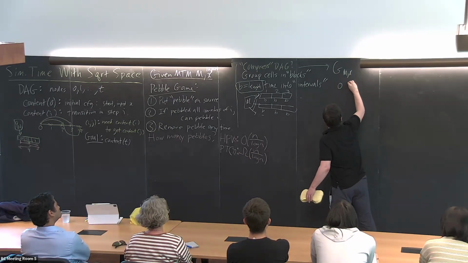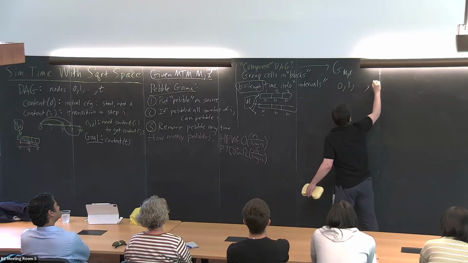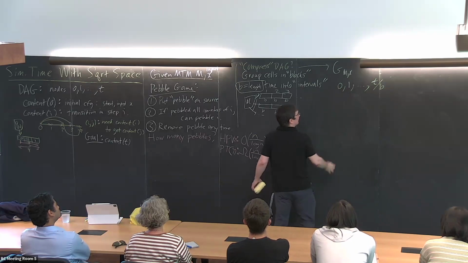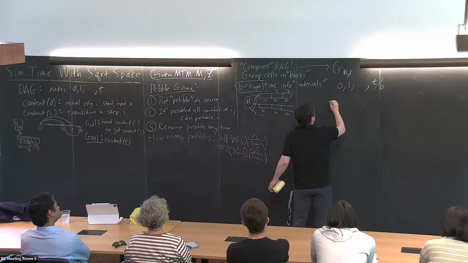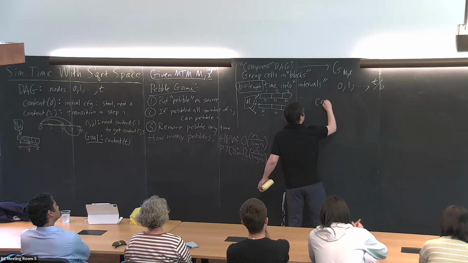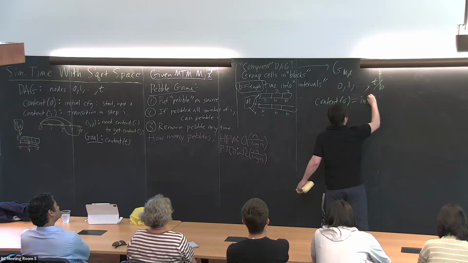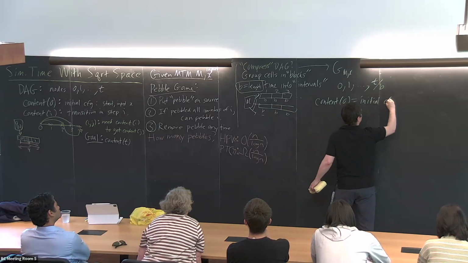It will have nodes 0, 1 through, let's say, roughly T over B. We think of B as dividing T. And its content will again be the initial configuration.